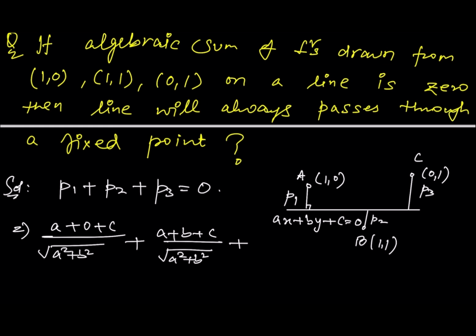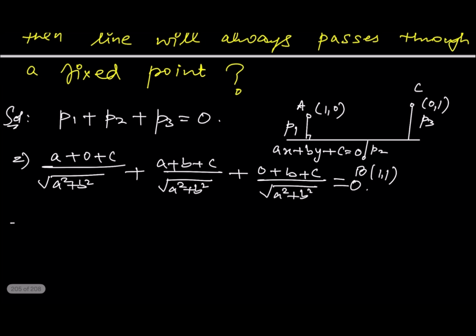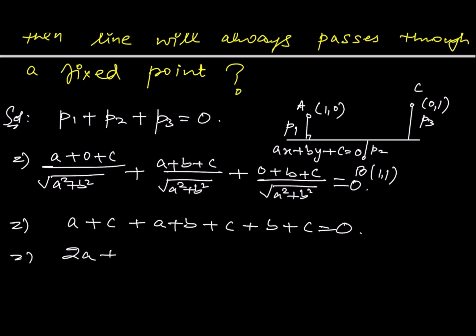P3 is (0 plus b plus c) upon root over a square plus b square. The sum is 0, or a plus c plus a plus b plus c plus b plus c is equal to 0, or 2a plus 2b plus 3c is equal to 0.